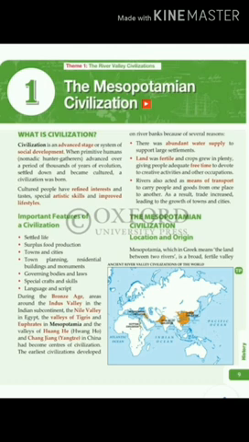Civilization is an advanced stage or a system of social development where primitive humans, that is, nomadic hunter-gatherers, advance over a period of thousands of years of evolution and settle down and became cultured. A civilization was born there. Cultured people have refined interest and special artistic skills and improved lifestyles.